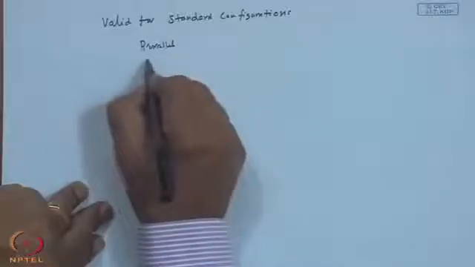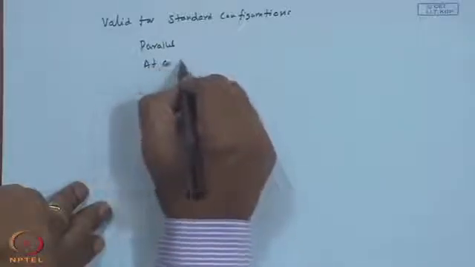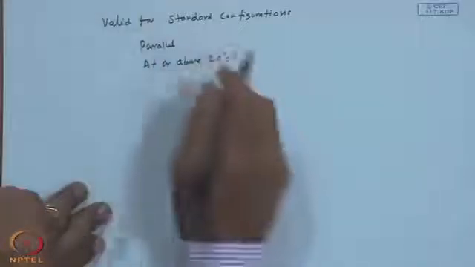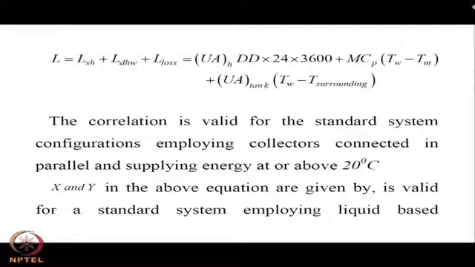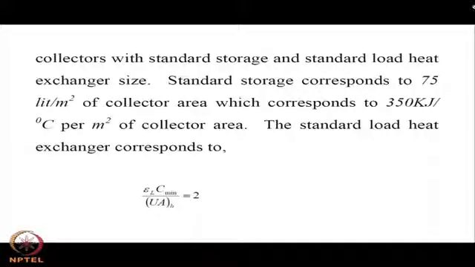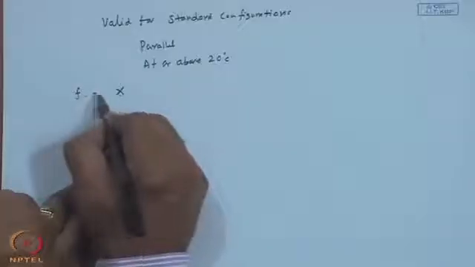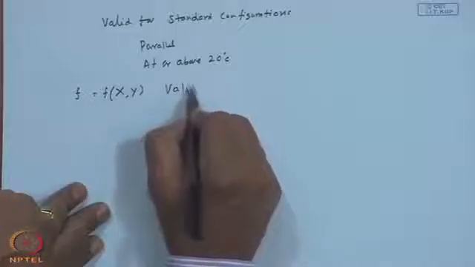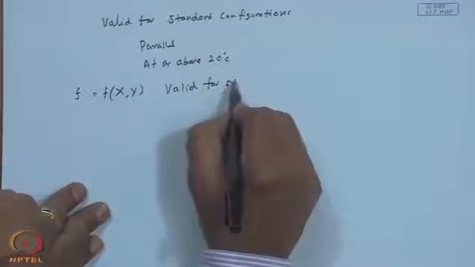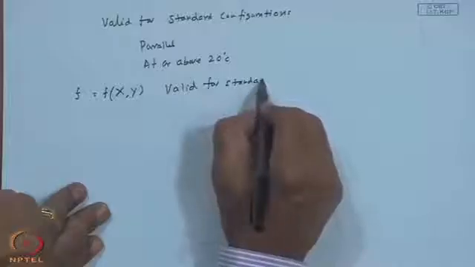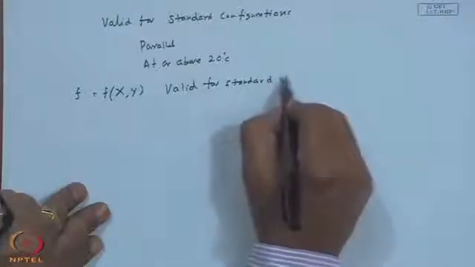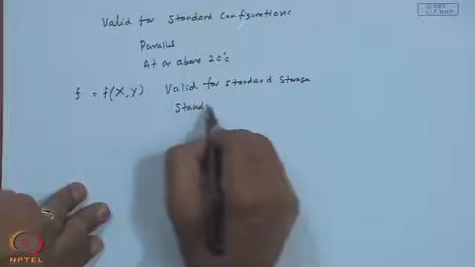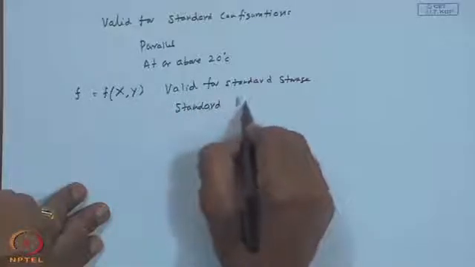Then energy delivery at or above 20 degrees C. So, the equation of f in terms of x and y is valid for standard storage, just like the case for the air systems, and standard load heat exchanger.